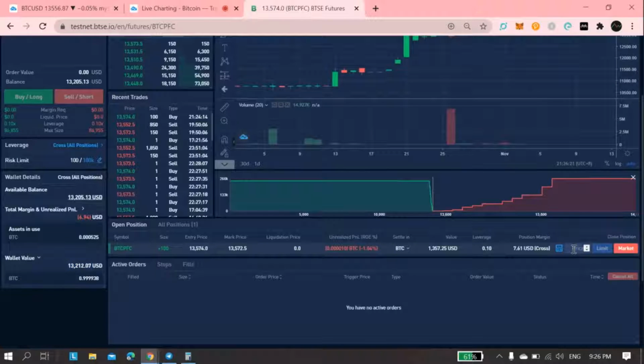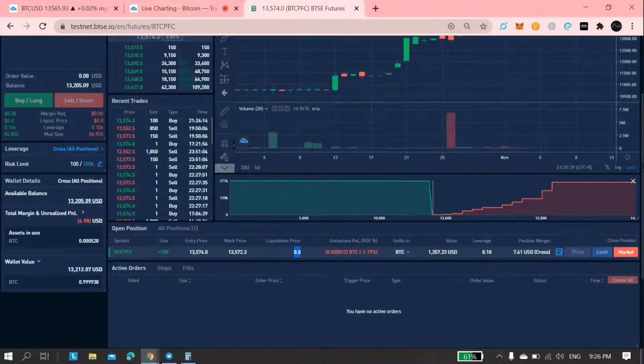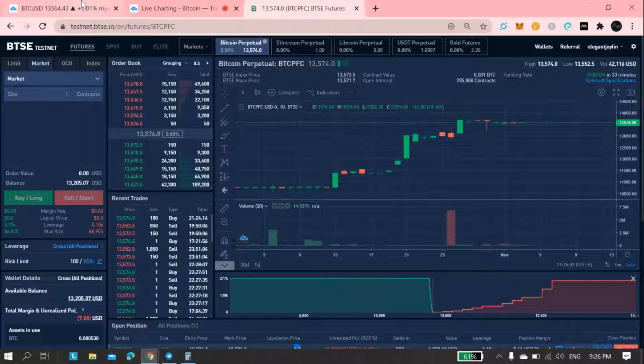So let me just make my TP. Since there is no liquidation price, I normally don't put a stop loss. But if ever there is a value here, for example if the liquidation price is 10,000, I will put a stop loss. So this is my chart, right?